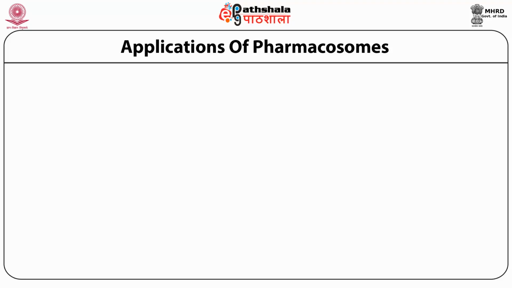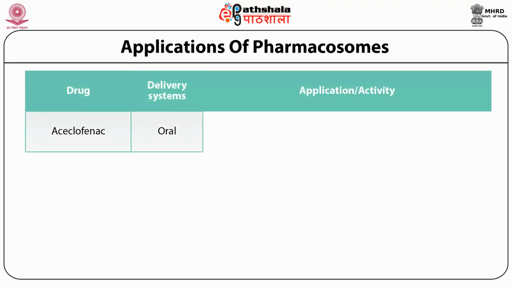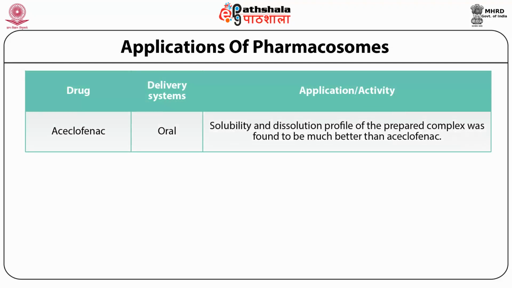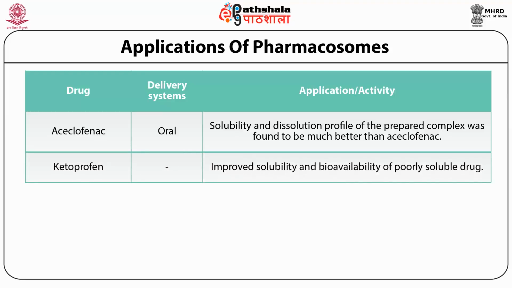There are some examples of pharmacosomes which are reported in the literature, like aceclofenac oral system, where solubility and resolution profile of the prepared complex was found to be much better in the form of pharmacosomes. Similarly, for ketoprofen, it showed improved solubility, improved bioavailability in the form of pharmacosomes.